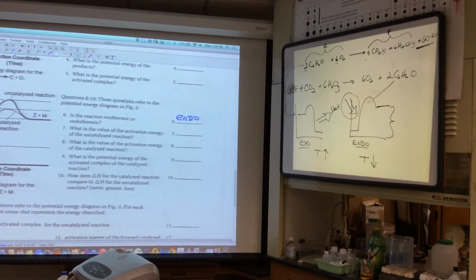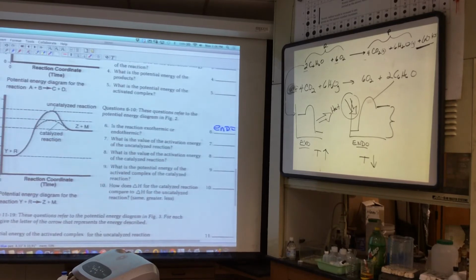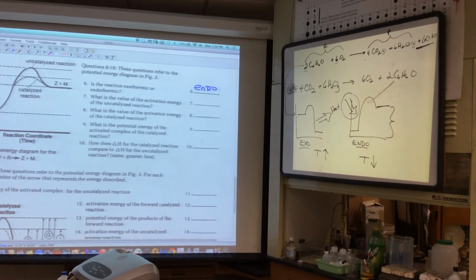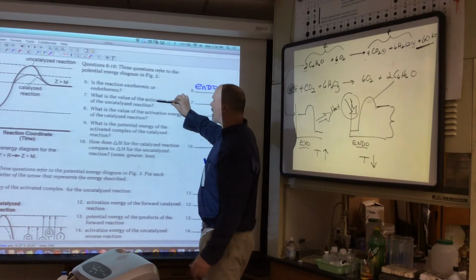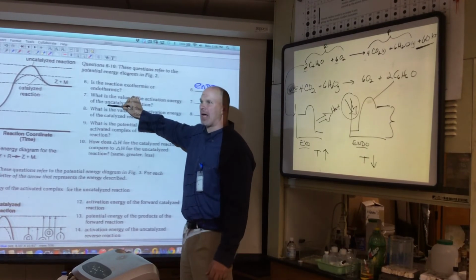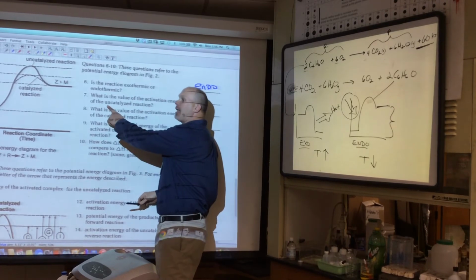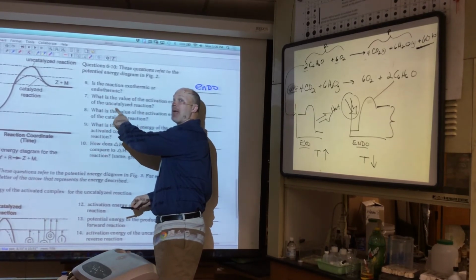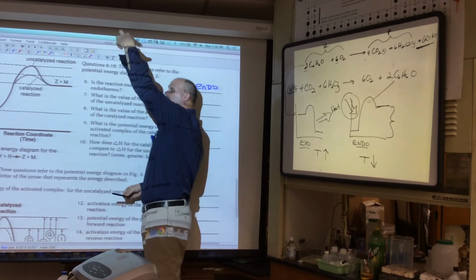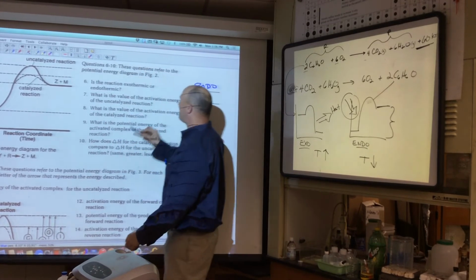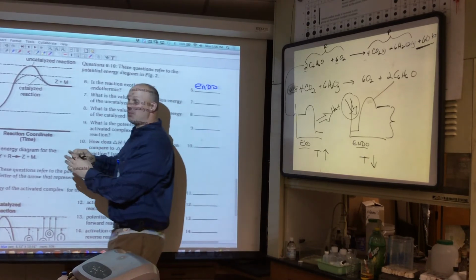That means it's taking in energy from its environment. Okay, what's the value of the activation energy of the uncatalyzed, unmedicated reaction?